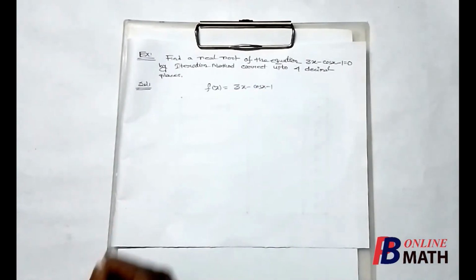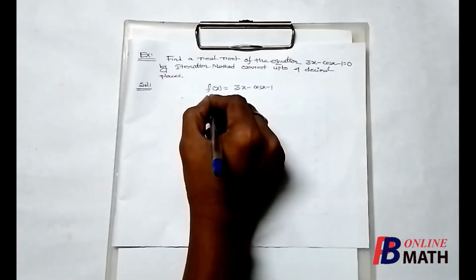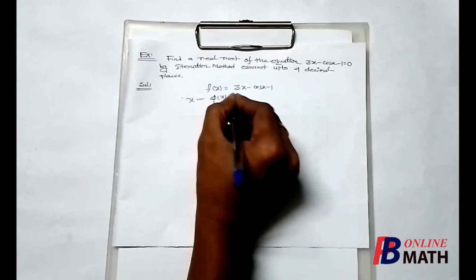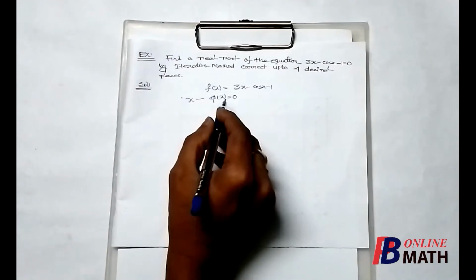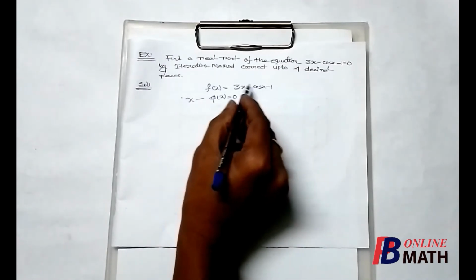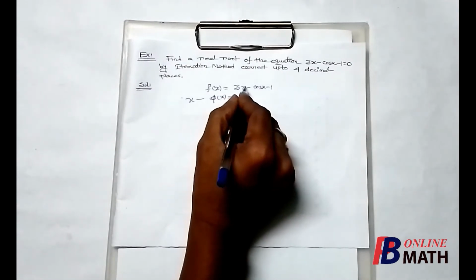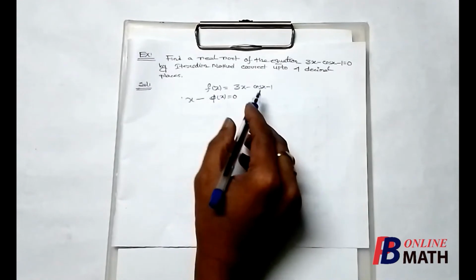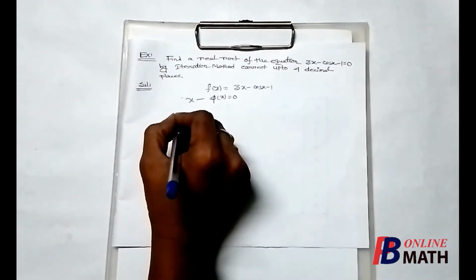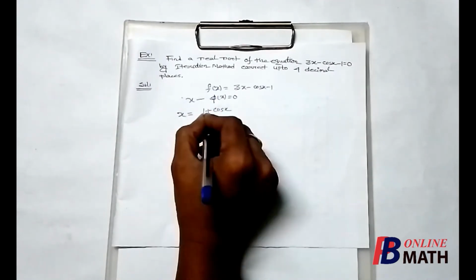So we shall express this equation f(x) equal to 0 as x minus phi x equal to 0. Now we can express this equation in two ways. The first one is if we keep x on the left hand side and we take all the functions on the right hand side, then it will be x equal to (1 plus cosine x) by 3.